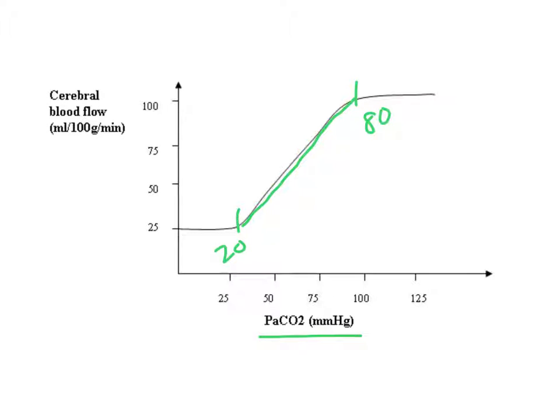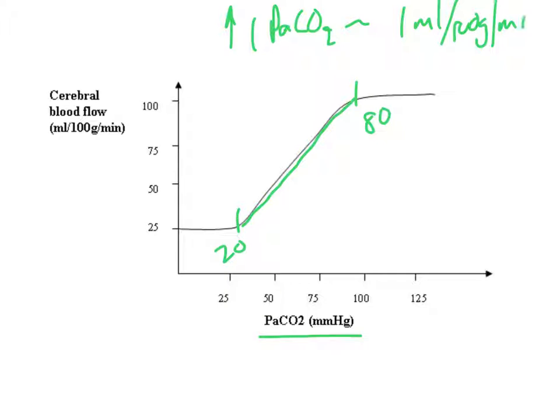Between these values, a 1 millimeter increase in PaCO2 typically results in an approximate 1 milliliter of blood flow per 100 grams of brain tissue per minute increase in cerebral blood flow. This constitutes approximately a 2% change for every 1 millimeter of mercury increase in PaCO2.